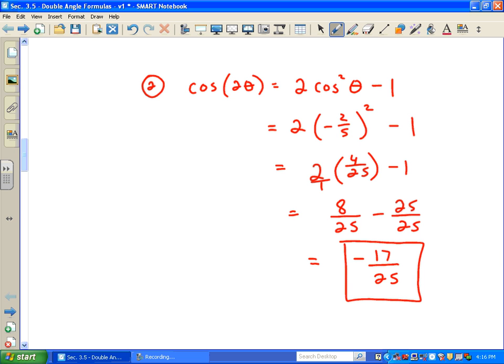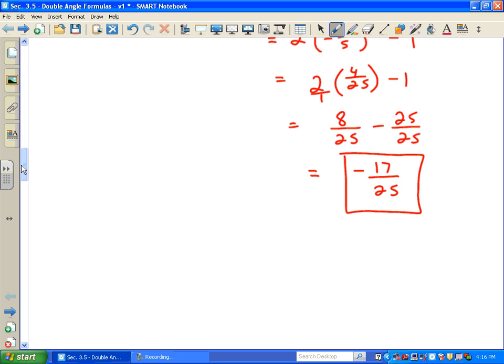This is the value of cosine of the double angle. Alright, finally, on this particular problem, it asked me to find tangent of the double angle. Because I already know the value of sine of the double angle and cosine of the double angle, I will use this formula.